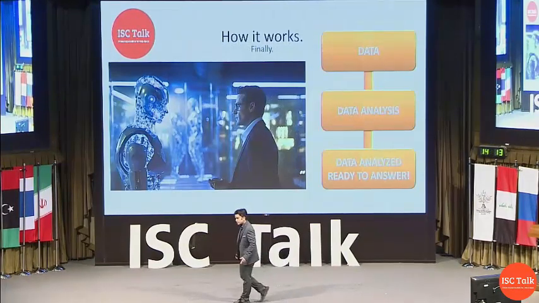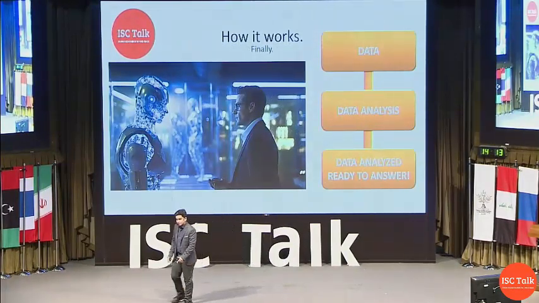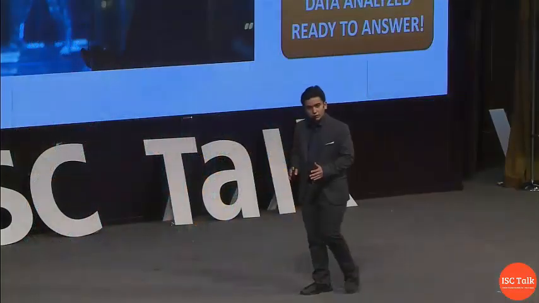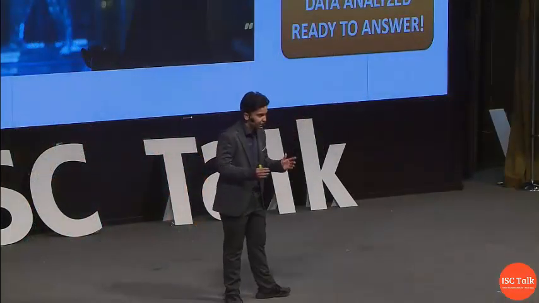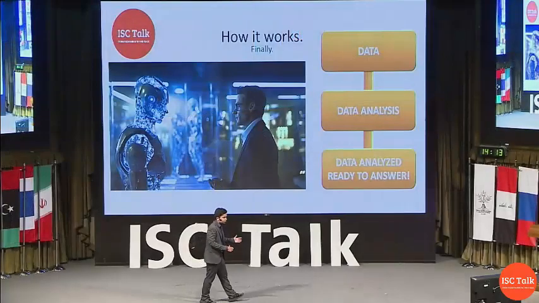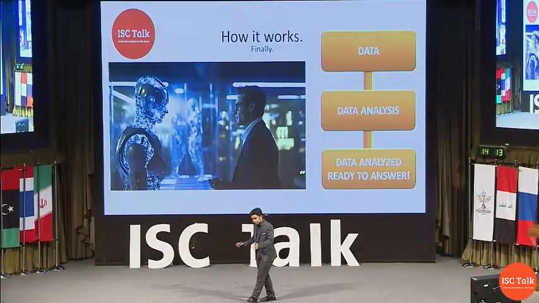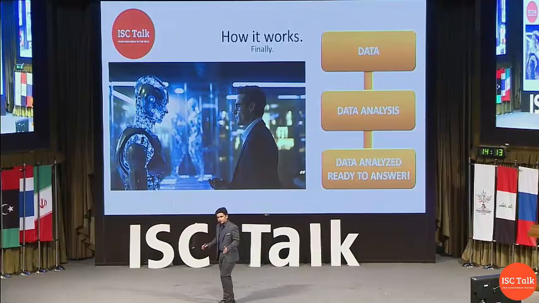Here we go to the third step. The final step is where the data is entered, the data is analyzed completely, and the machine knows every point of the data, line by line, page by page, and even word by word. And here the machine is ready to answer any type of question asked about the data.